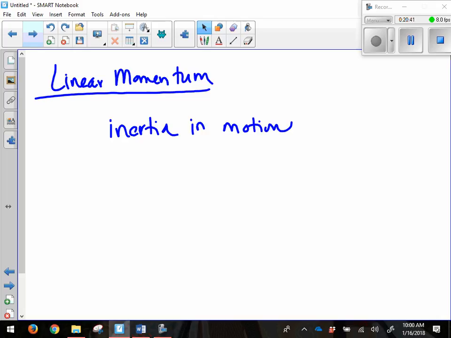If you think back to Newton's first law, which is the law of inertia, what does the law of inertia tell you?